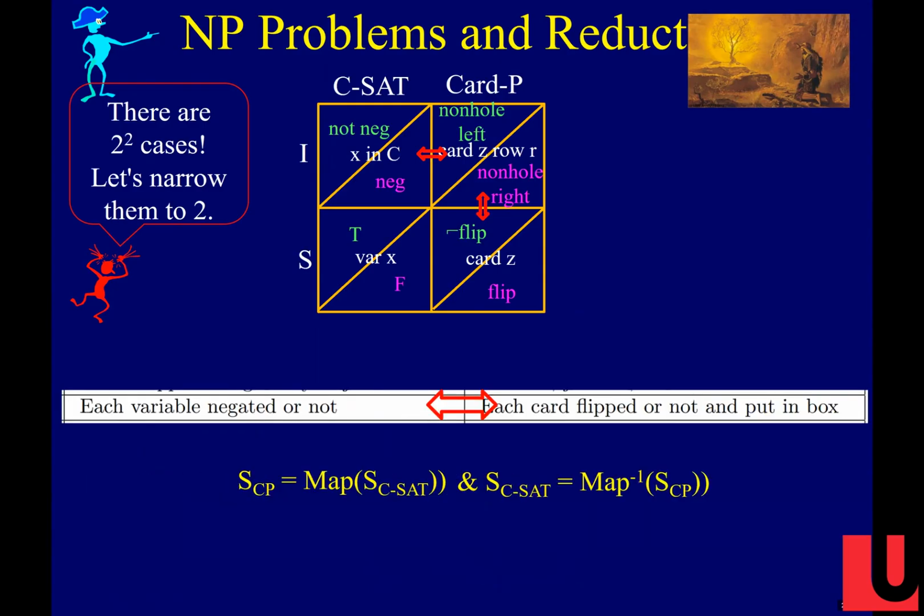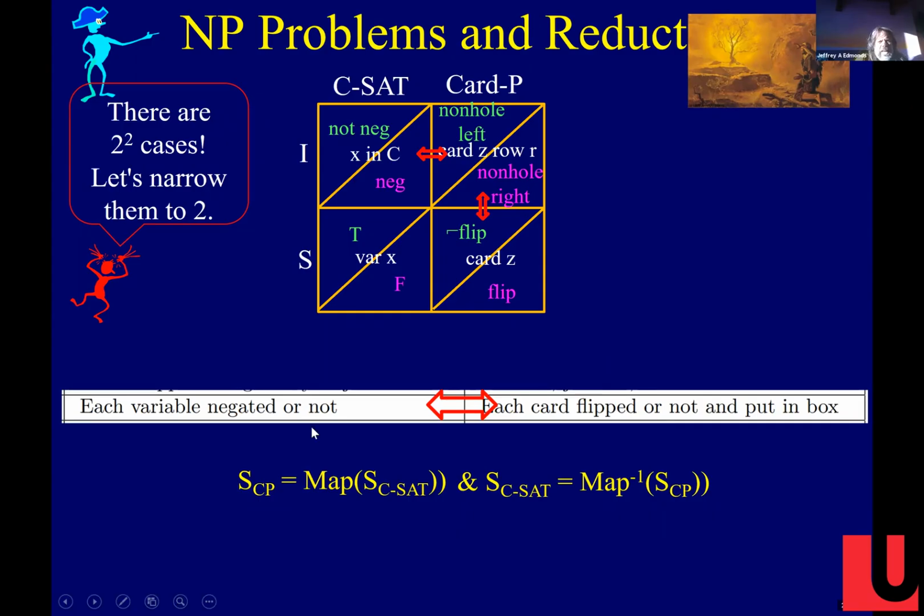And what about our solutions? Remember, we had a mapping between the solutions. The card people gave us a solution. We mapped it over to a solution for the clause problem. And what was the mapping? Well, if the variable is negated, then we flipped it.